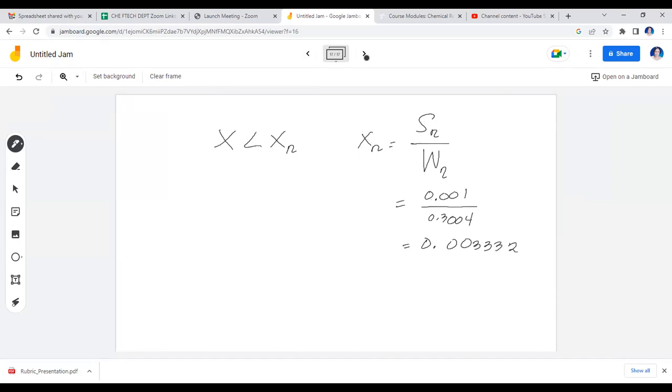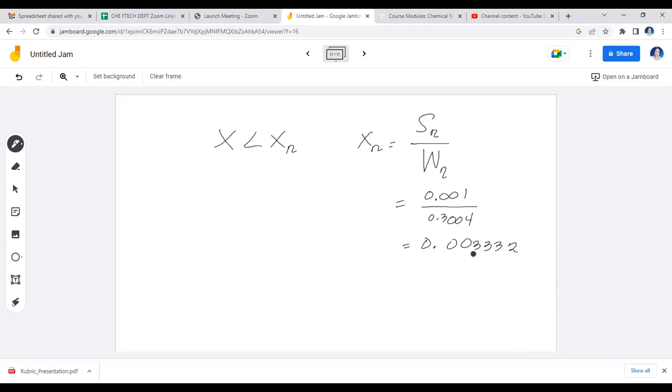So you will only stop solving for X when its value is less than 0.003332, meaning you have achieved already this particular amount of solute in the slurry. So meaning it's already admissible because the solute content in your slurry, in your concentrated wash liquid, is already acceptable.